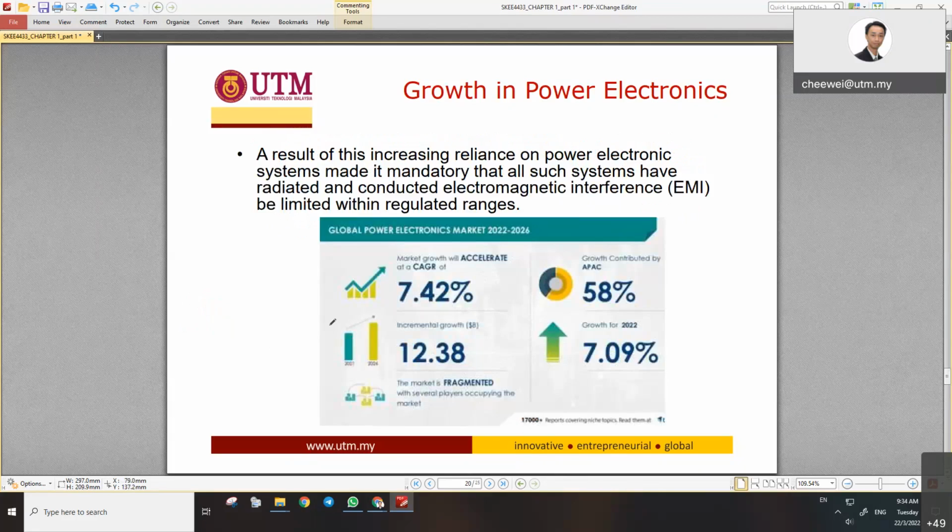So when you say that the trend of power electronics is increasing, the types of control circuit are also improving from time to time. Why? Because we need to have a better output. What do you mean by better output?